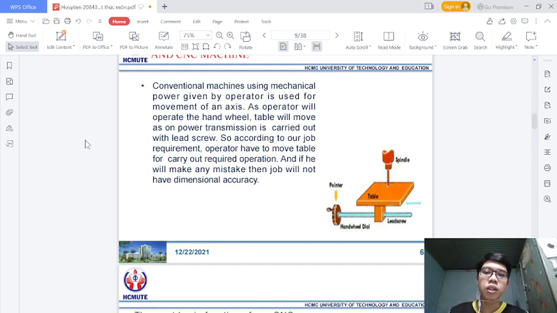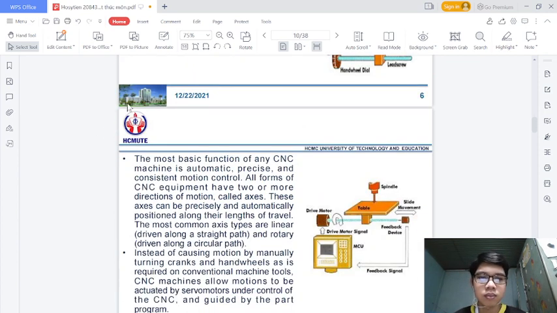As the operator turns the handwheel, the table moves as power transmission is carried out. So the operator has to move the table to carry out repeat operations, and if he makes any mistake, the job will not have dimensional accuracy.